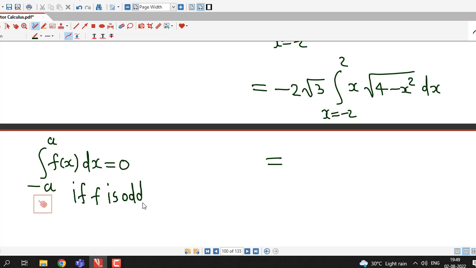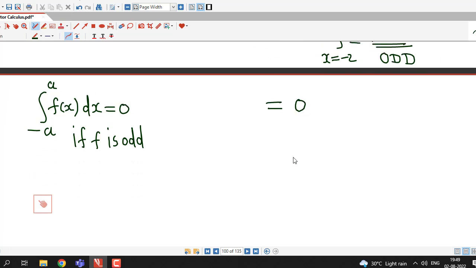So here we can observe that x is an odd function, this is an even function, and the product of an odd and an even function is always an odd function. So this is an odd function, and limits of integration are from minus 2 to 2. Therefore, using this result, we find that the double integral is 0 over region R.